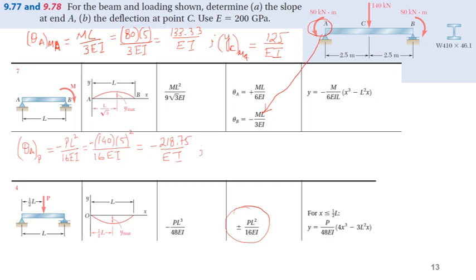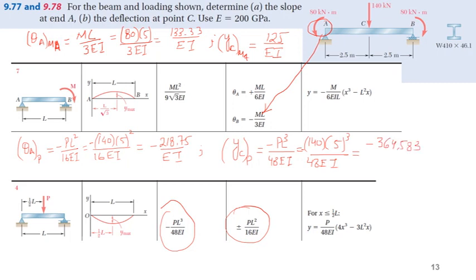And the maximum deflection will be at C because of the load, and we have to calculate at C. So this will be simply, putting in the values, minus PL cube divided by 48 times EI. So 140 kilonewton multiplied by the length of the beam 5 cube, with a negative sign over here, divided by 48 EI, and this will be equal to minus 364.583 divided by EI.